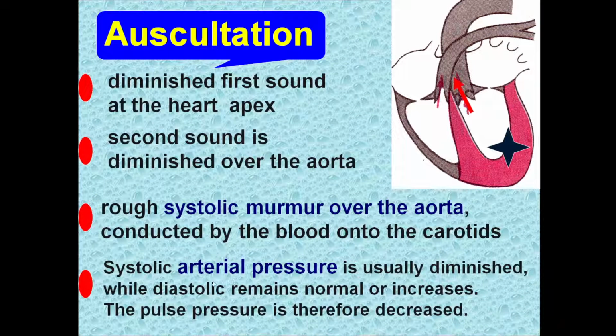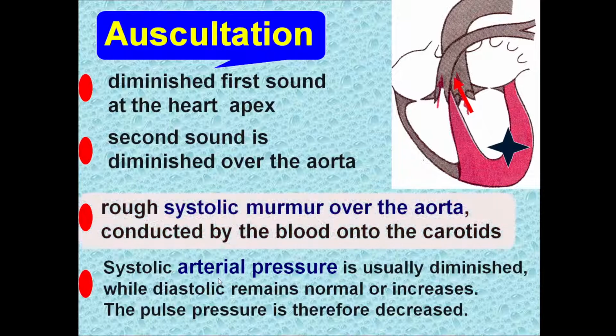I told you that systolic blood pressure diminishes, but diastolic will be nearly normal. As a result, pulse pressure decreases. And again, I'll draw your attention: the visiting card of aortic stenosis is the rough systolic murmur over the aorta conducted onto the carotid arteries.